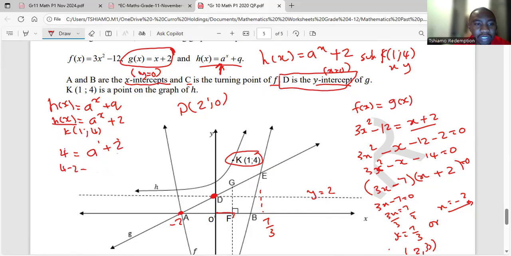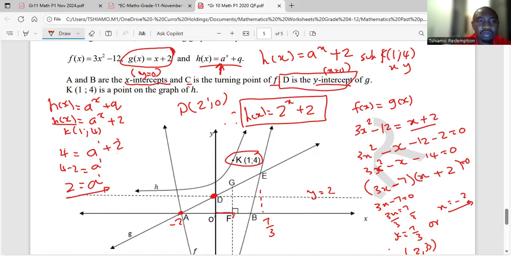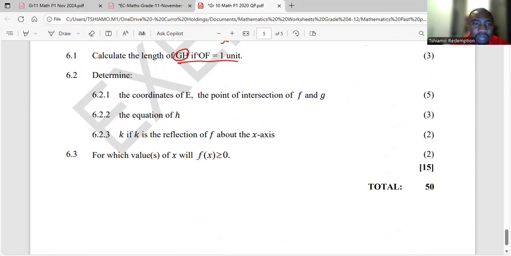It becomes 4 minus 2, which is 2, equals a times 1, meaning the value of a is 2. 4 minus 2 is 2. 2 equals a. Therefore, this means the equation of the exponential will be that, plus 2. This is the equation of the exponential equation. So let me write it down here. h of x is 2 to the x plus 2. So you get a mark for finding q, a mark for finding a.